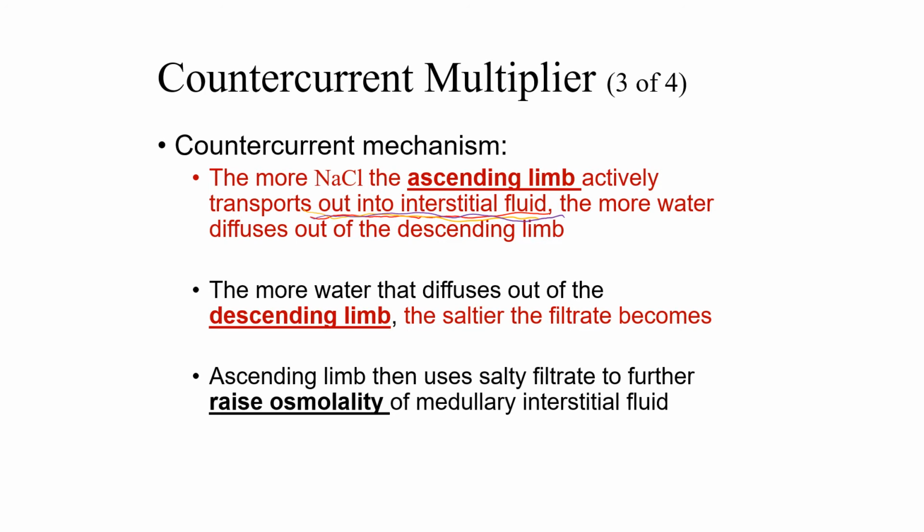If the ascending limb is actively transporting sodium chloride into the kidney interstitial fluid, then more water is going to diffuse out of the descending limb. The more water that diffuses out of the descending limb, the saltier or more concentrated the filtrate becomes. The ascending limb can use a salty filtrate to raise the osmolality of the medulla interstitial fluid. So this is a cycle.